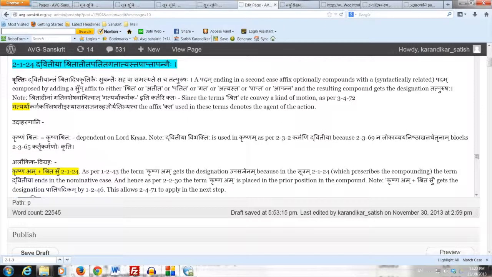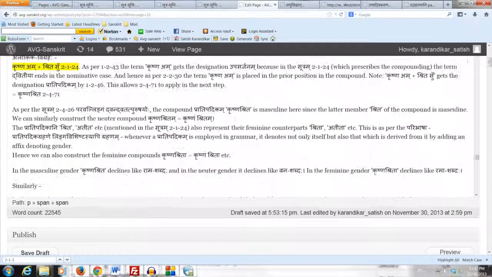So even though the sutram here says shrita, atita, etc., they also refer to shrita, atita, etc., which are the forms we get by adding the feminine affix tap. Hence we can also construct the feminine compound Krishnam shrita equals Krishna shrita, etc.